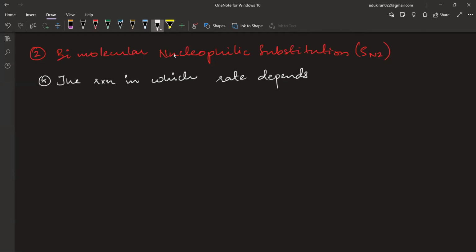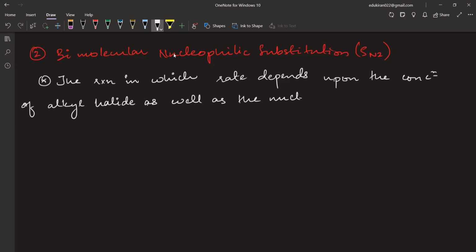Okay. The reaction in which the rate depends upon the concentration of alkyl halide, that is the substrate, as well as the nucleophile, is SN2.